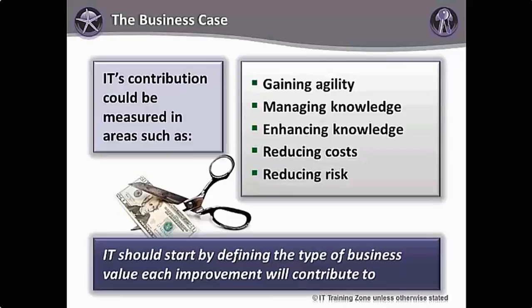IT's contribution to these business value measures could be in areas such as gaining agility, managing knowledge, enhancing knowledge, reducing costs, and reducing risk. IT should begin by defining the types of business value that each improvement will contribute to.